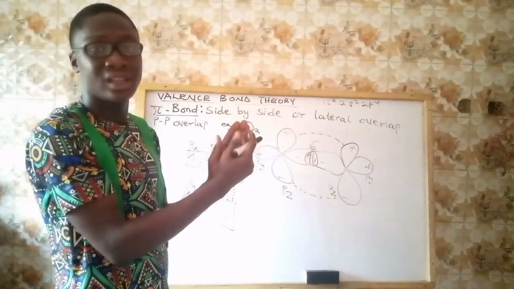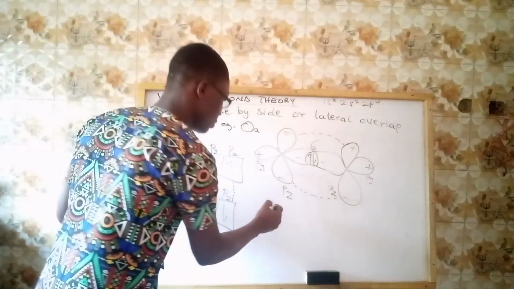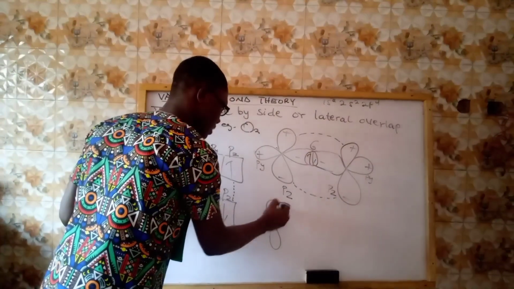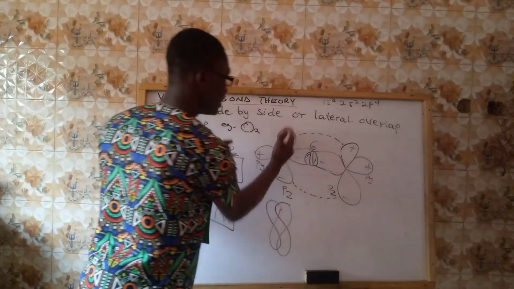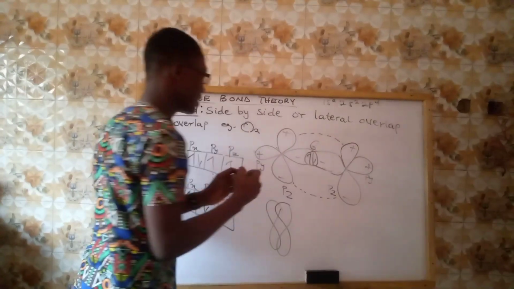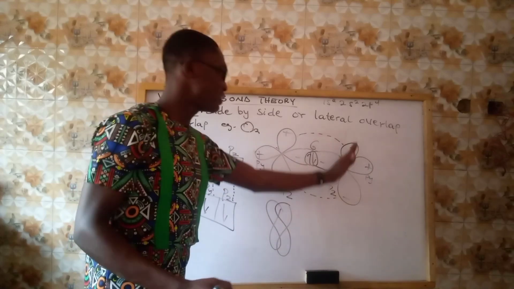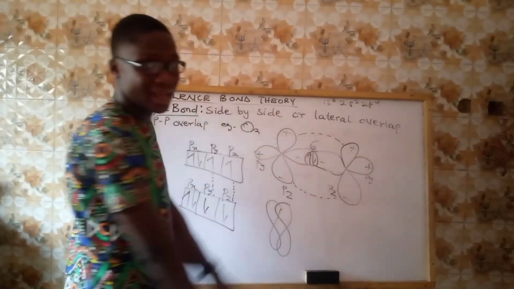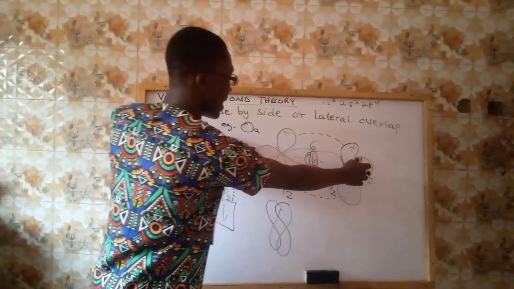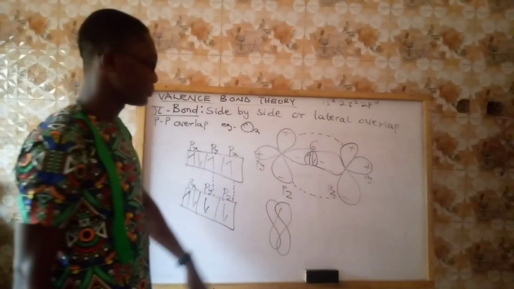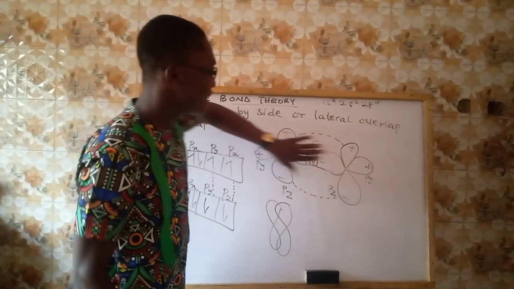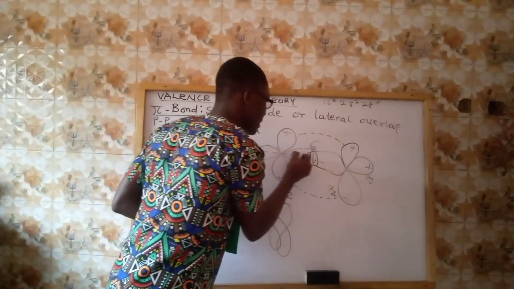Because for a pi bond, they must overlap side by side. You have 1P here and 1P here. So these ones overlap side by side, the PZ here and PZ here. And for the PY and PY, they overlap axially here, because they lie on the same axis.